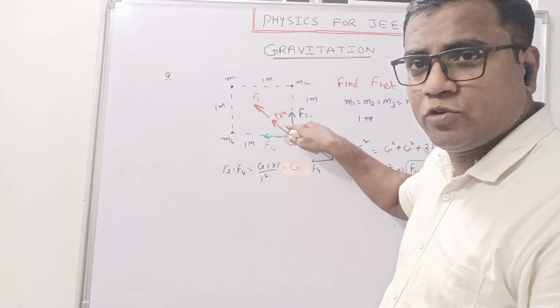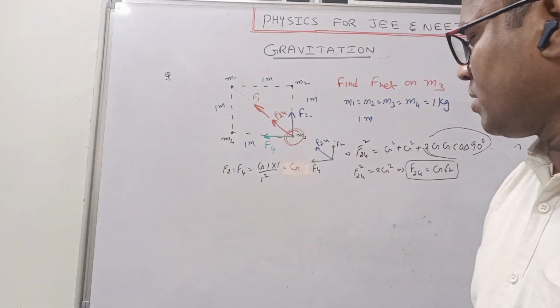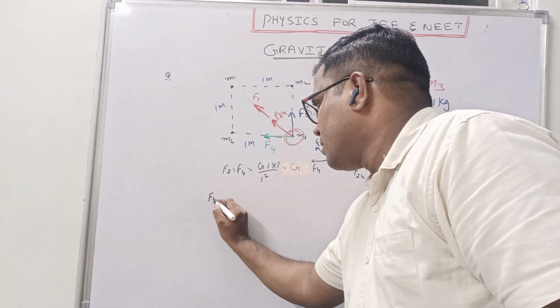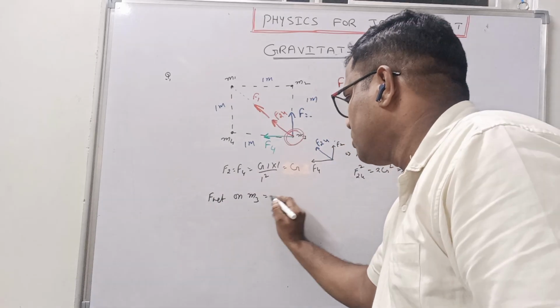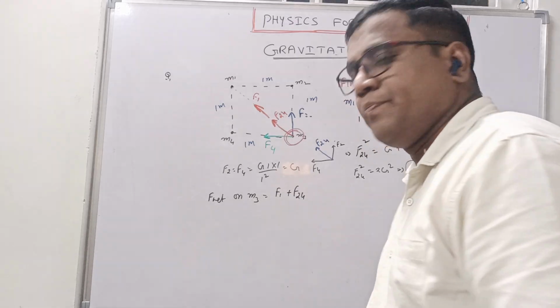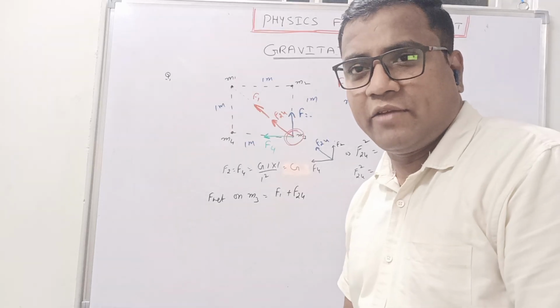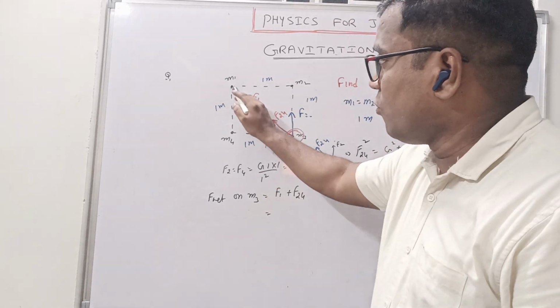See here, we will write the total force or Fnet on M3, which is equal to F1 plus F24. So we calculate F1. F1 is nothing but again the force between these two.